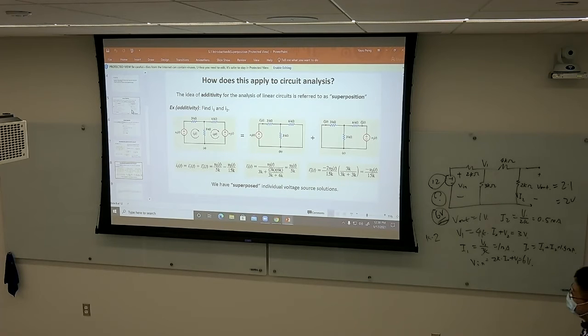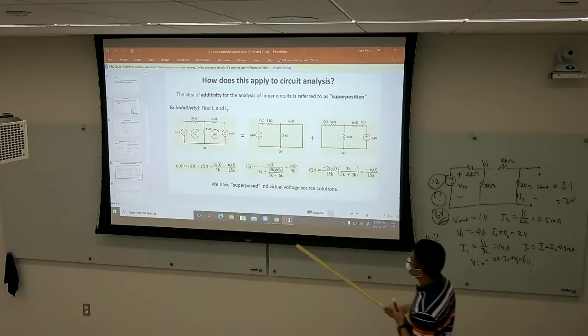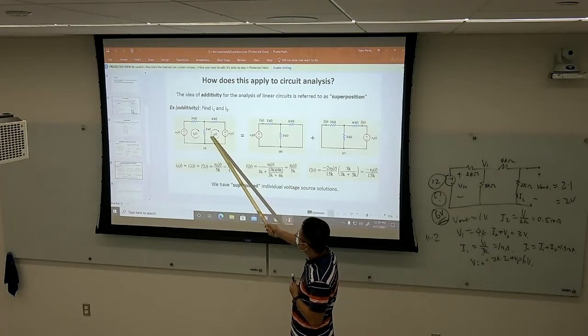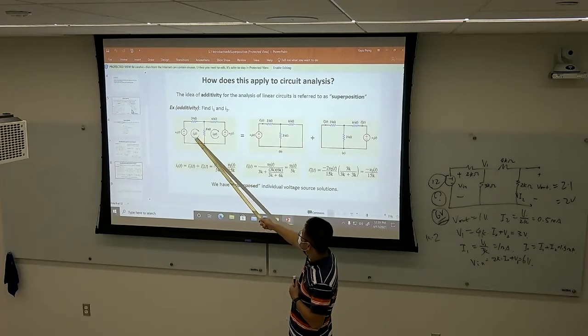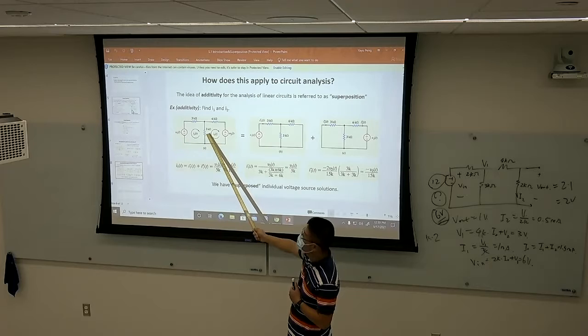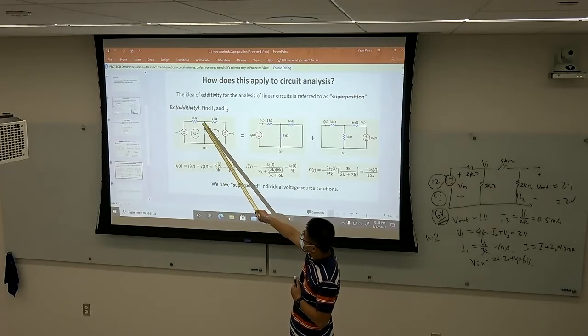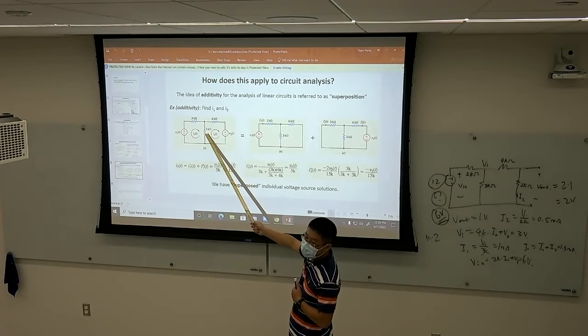And another example. In the previous example we used the scaling, and in this example we use the additivity to analyze this circuit. For a circuit like this, we can use node analysis and calculate the node voltages.